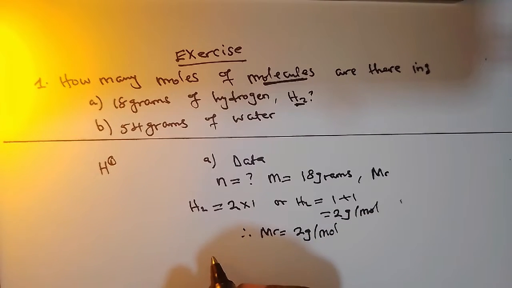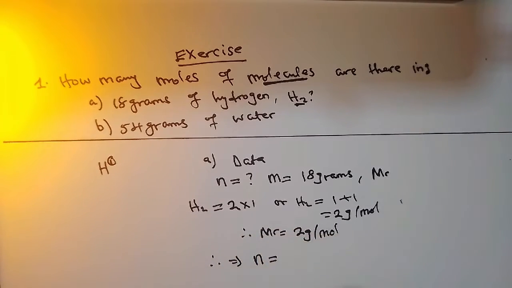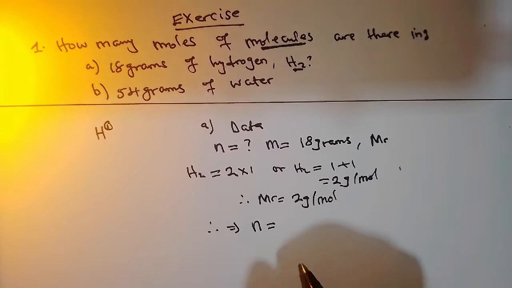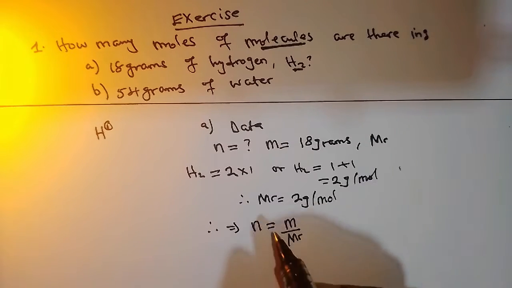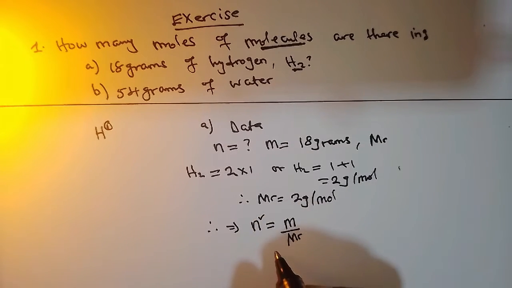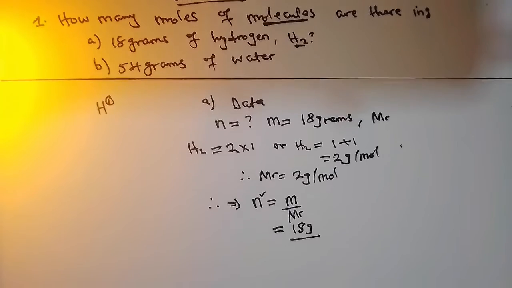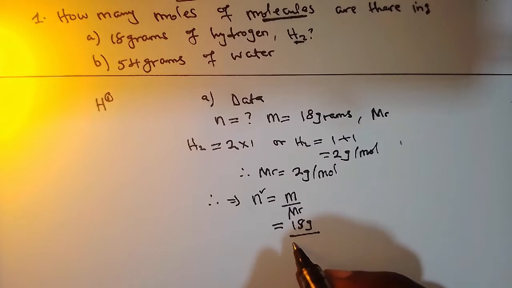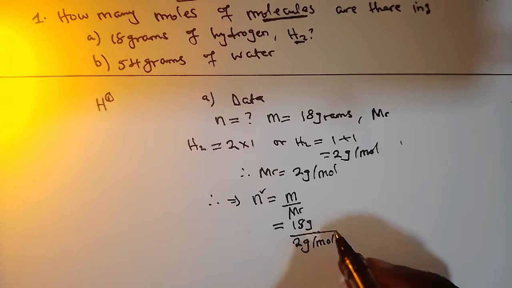Therefore, our molar mass is simply 2 grams per mole. From there, the number of moles is given by n equals the mass over the molar mass. We are looking for n, so we go direct. The mass is 18 grams over the molar mass 2 grams per mole.